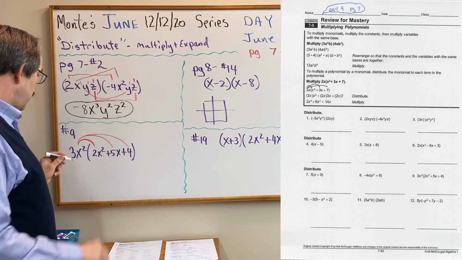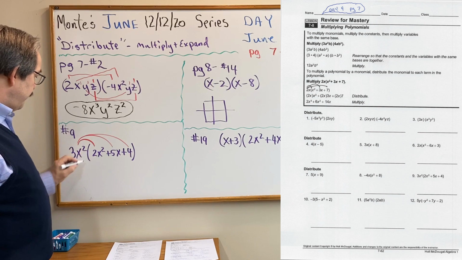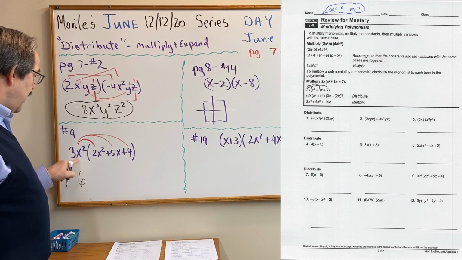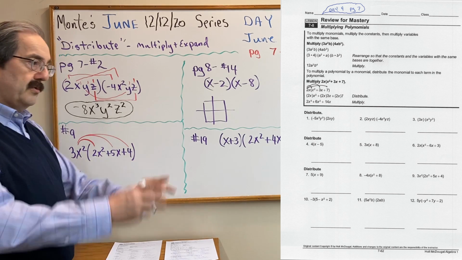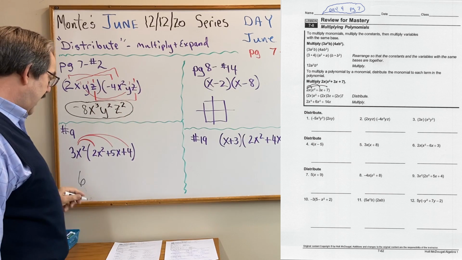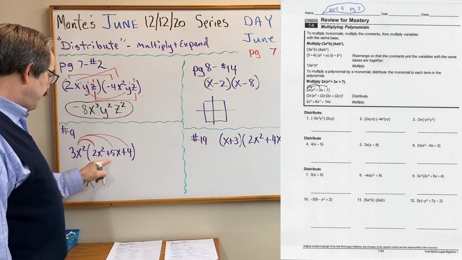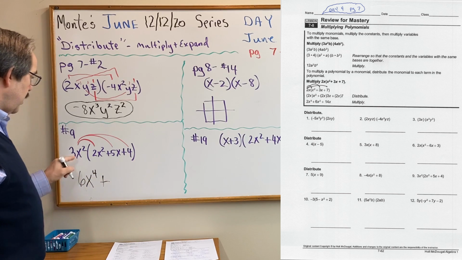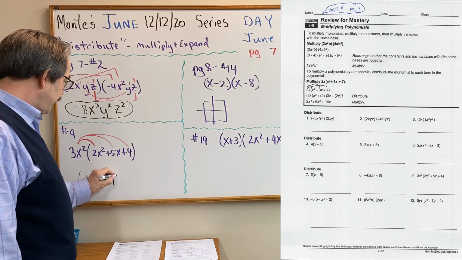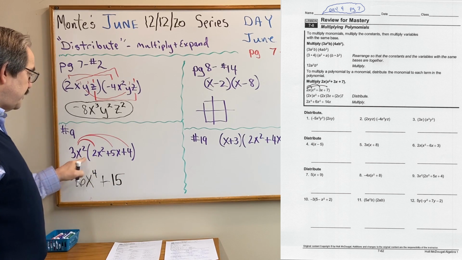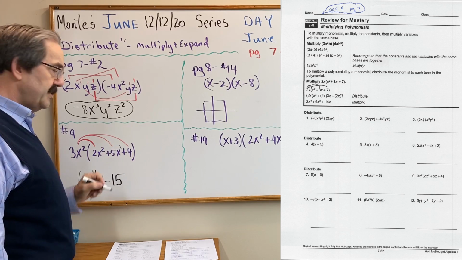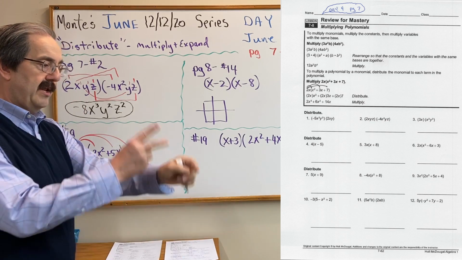Okay, here we go. 3 times 2, x2 times x2. When the base is the same, add the exponents. Got a plus sign. 3 times 5, x2 times x1. Just because there's a 1, don't forget it.